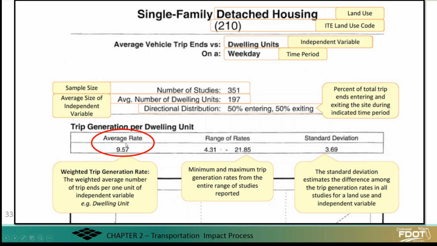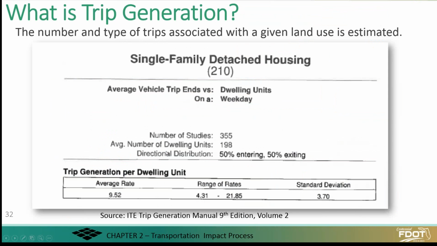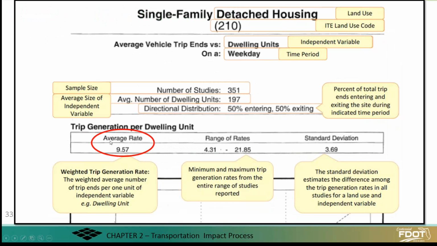Remember this average rate 9.57 from the previous one? Let's see, 9.52. Okay, that came from the 9th edition. So this one, 9.7, is based on the 8th edition. As you can see, there isn't much difference on some of these average rates when ITE was updated to the 9th edition.